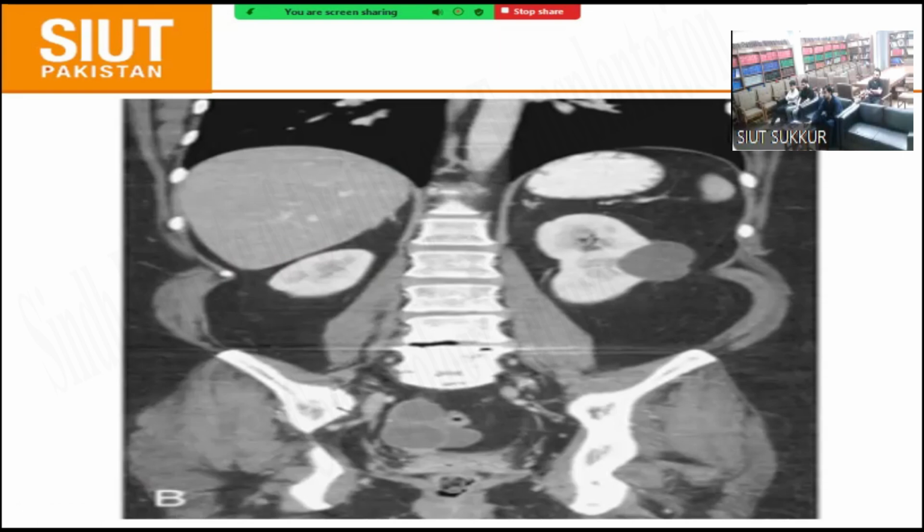Right kidney. So after looking at this image, only a single image, is this a simple cyst or a complex cyst? So it looks like a simple cyst. Sayat, proceed.